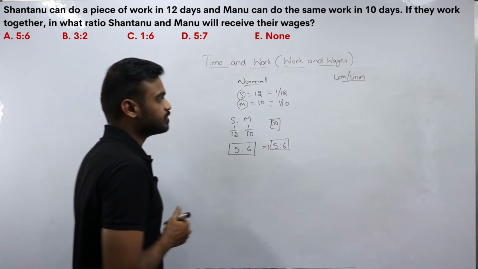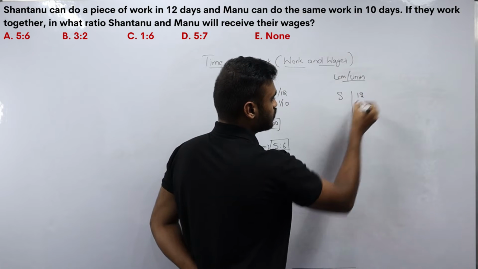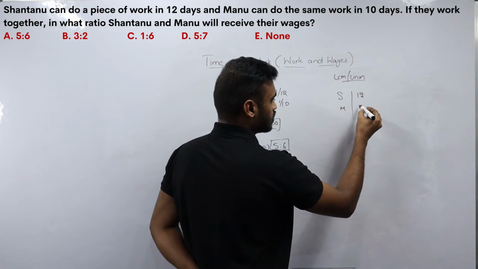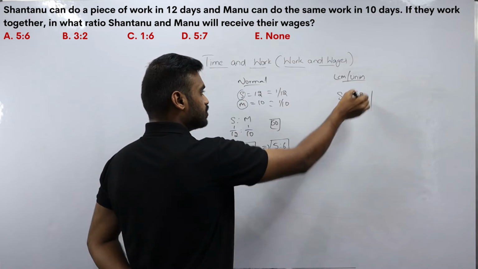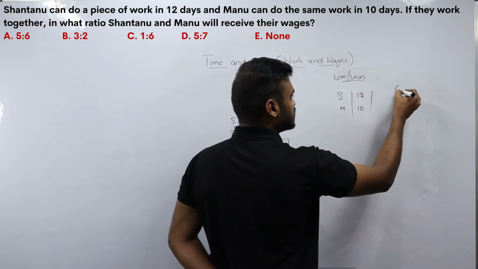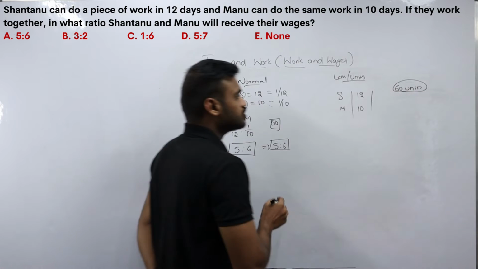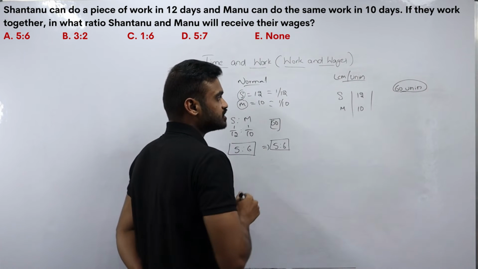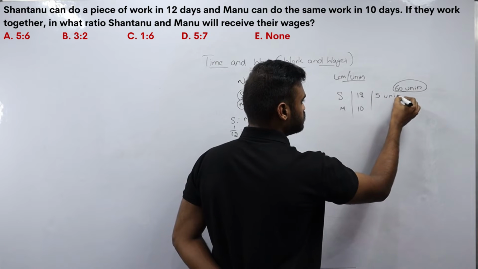Now let's see how the units method works. They are saying that Shantanu can complete the total work in 12 days and Manu can do the total work in 10 days. The LCM of 12 and 10 is 60 units. To complete the 60 units, Shantanu takes 12 days, so per day Shantanu does 5 units of work.